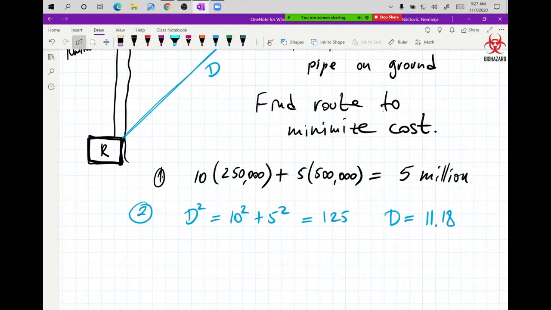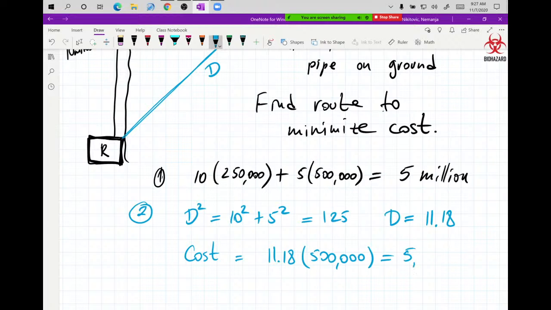So now the cost for the blue route would be 11.18 times, it's $500,000 for each mile of that, so times $500,000 is going to give us 5.6 million.